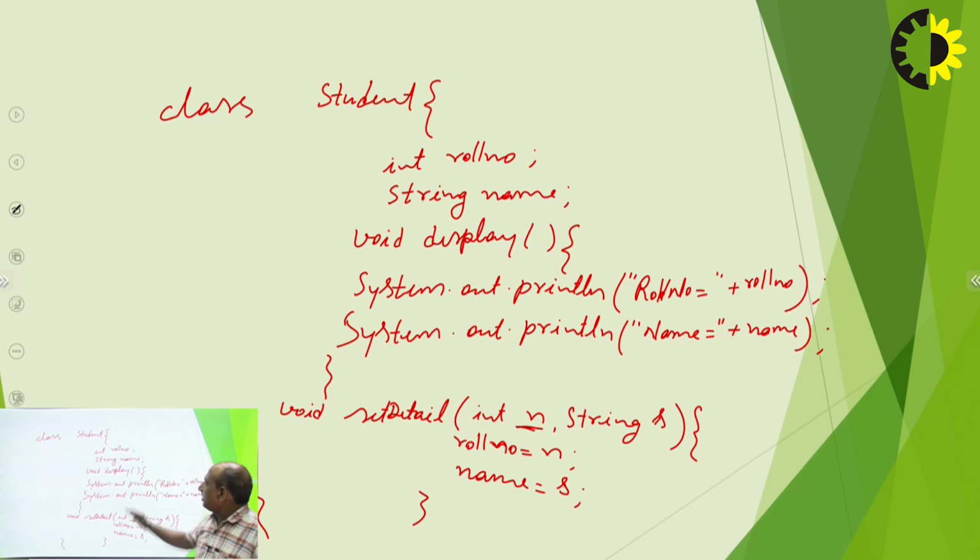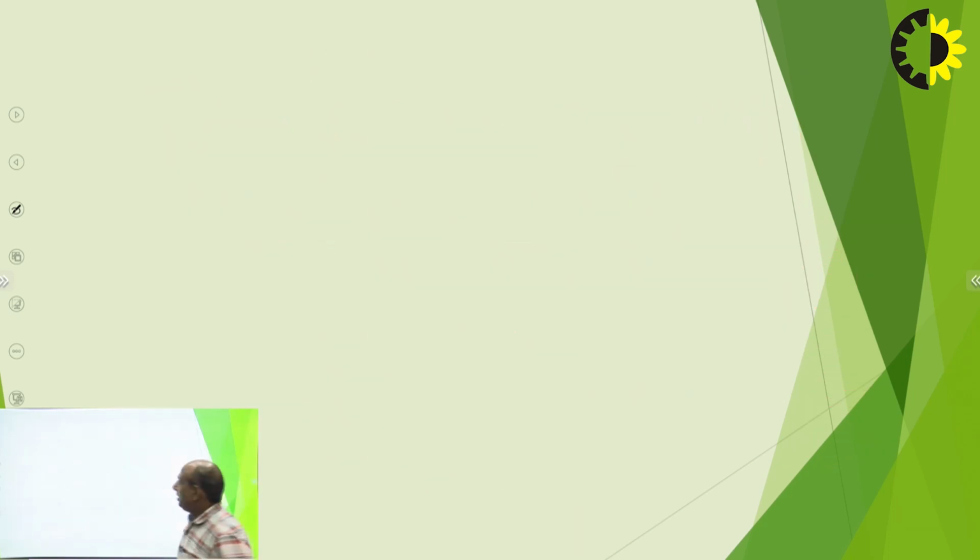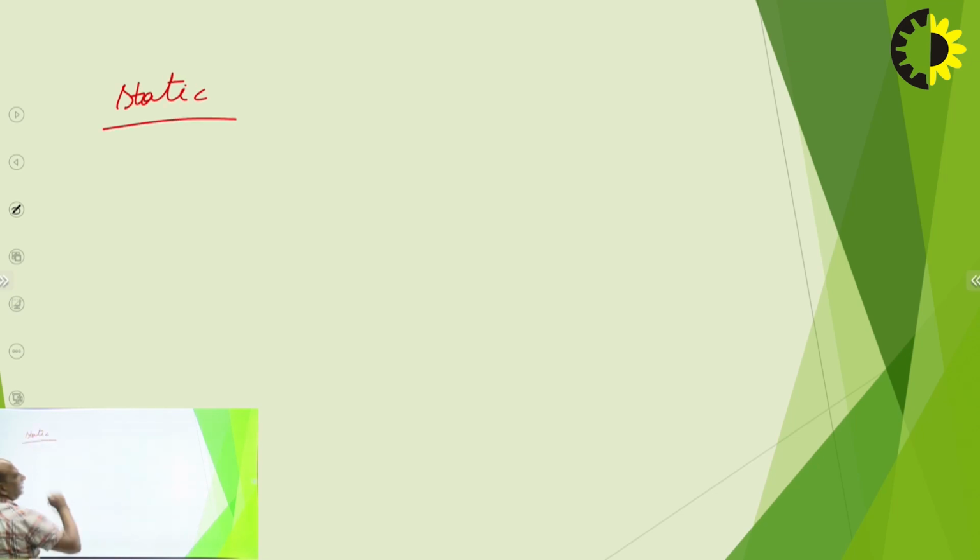If you want to call a member directly without creating the object of that class, then you can use a concept that is the static keyword. So let us start with what the static keyword is.